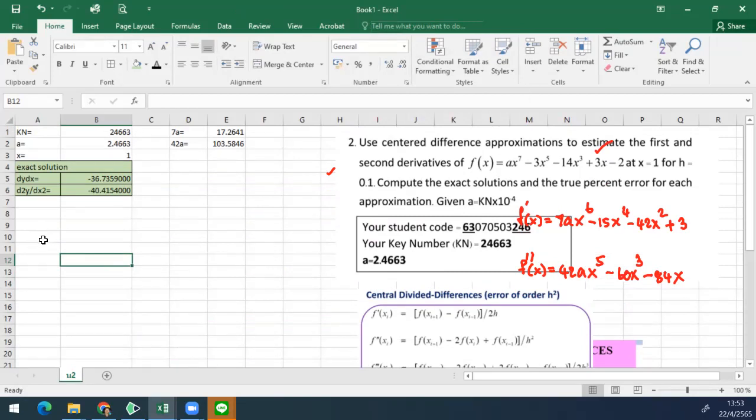Okay, the value of x should be xi, right? Okay, xi is equal to x. And we have xi minus 1, right? Xi minus 1 is equal to what? Sorry, we forgot something.